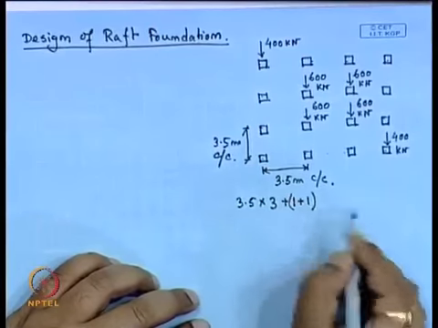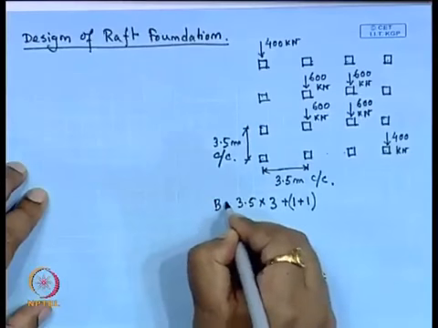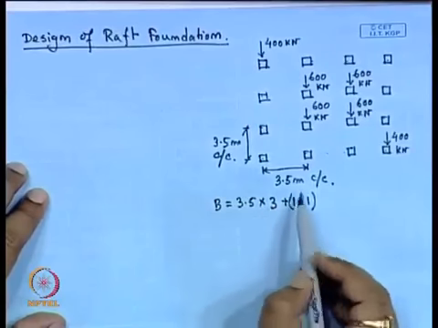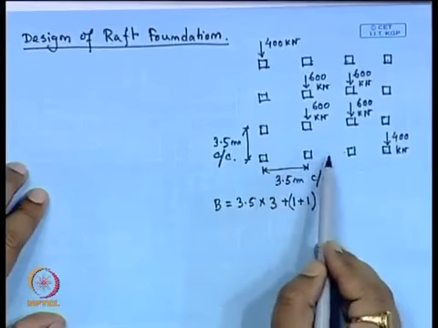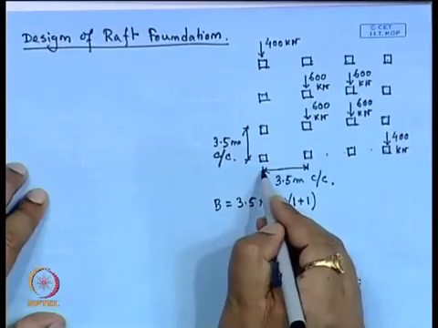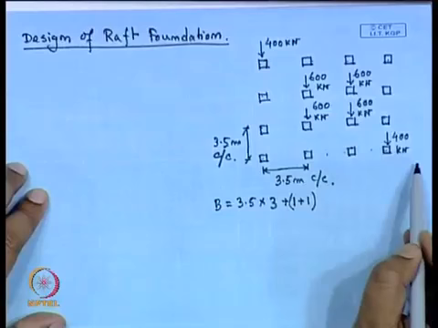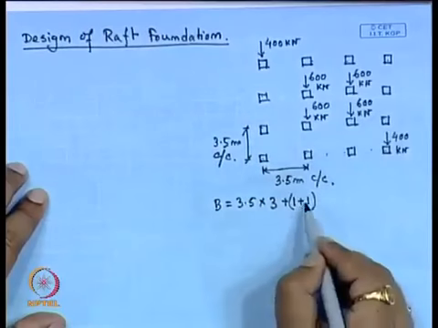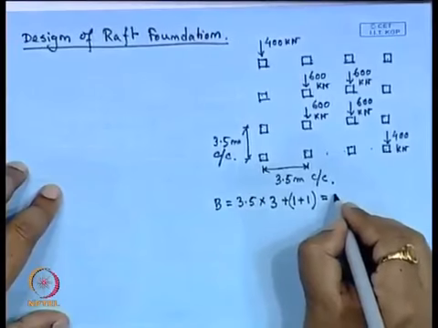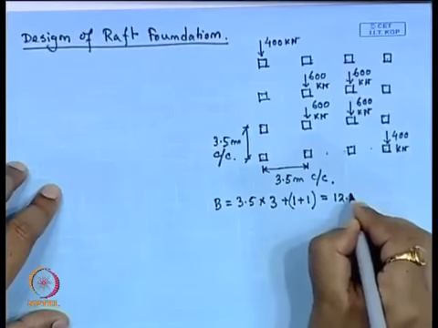So, for the initial trial, B, the width of the footing, is 3.5 into 3, and from the center of the column we take 1 additional meter on both sides. So the total width of the raft is 12.5 meter.